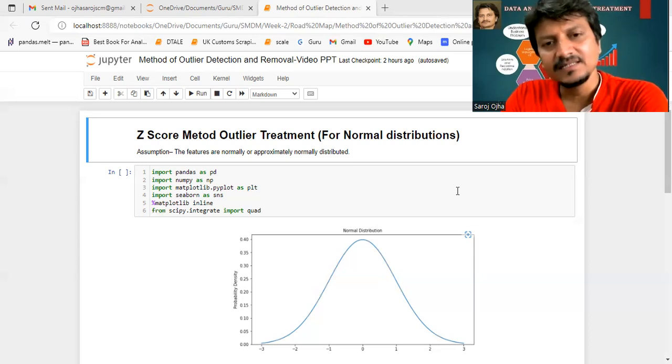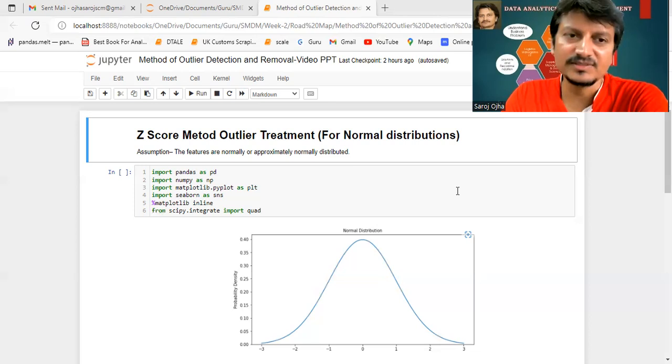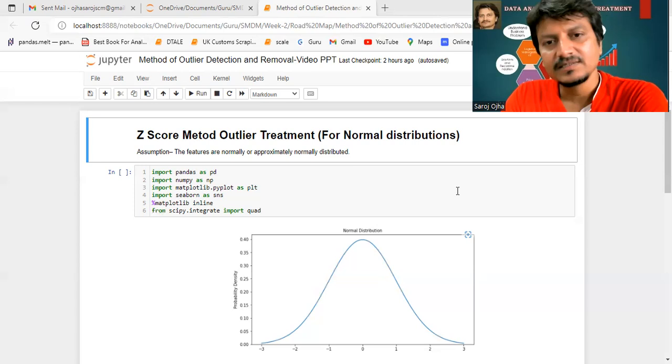If you can see my screen, I already shared the Z-score. Today I would like to highlight how you can detect your outliers through the Z-score and how you can treat the data through it. Now, just see what I have shared on the screen.